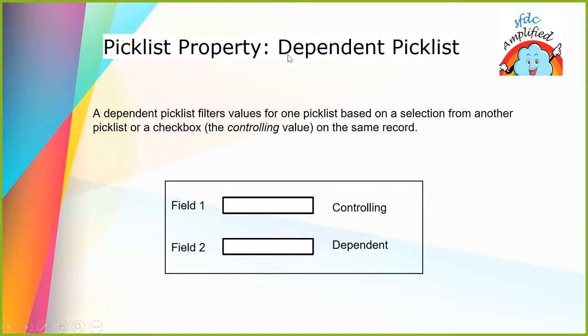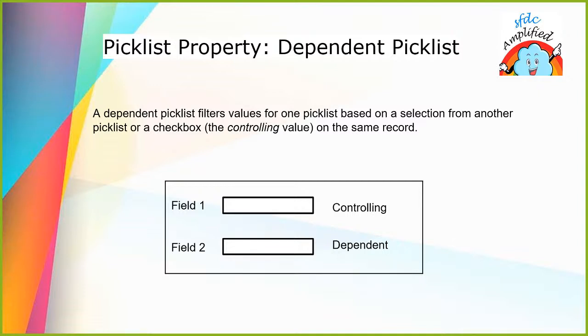So coming to the next topic, that is dependent picklist. Let's understand what it is. A dependent picklist filters values for one picklist based on the selection from another picklist or checkbox. For example, there is a field 1 controlling and field 2 dependent.